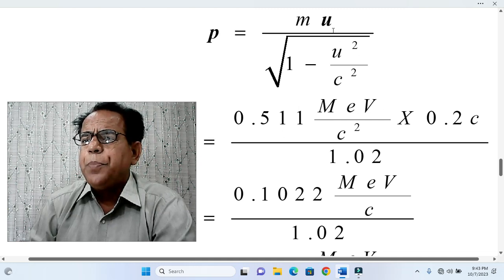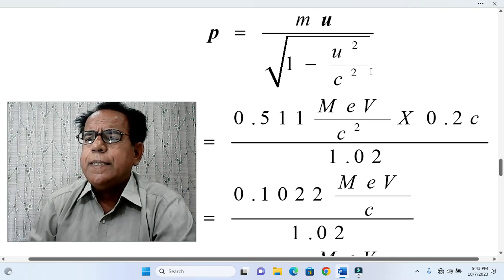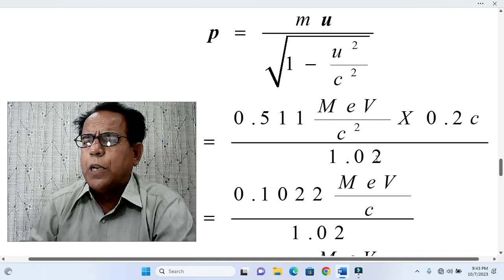Moreover, the value of u is also given in the statement as 0.2 c. Moreover, this is the Lorentz factor gamma. Here we have directly used its value, 1.02.